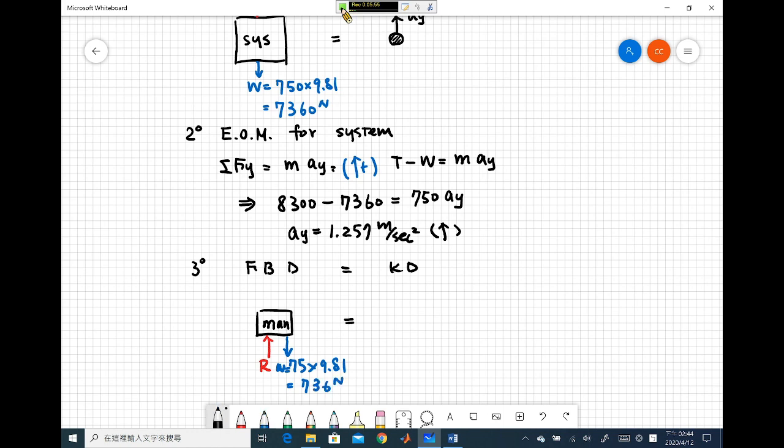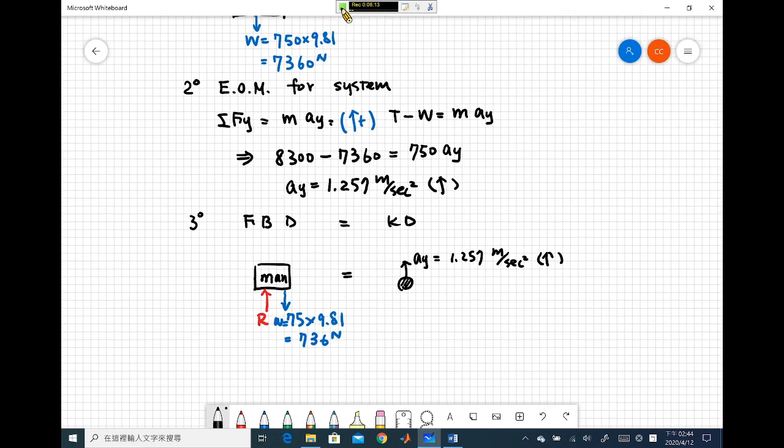It will be equal to this guy with the same acceleration. So we only consider the vertical direction. Your sigma Fy will be equal to m times ay. Again, positive will be upward.